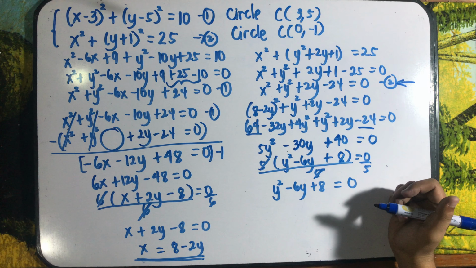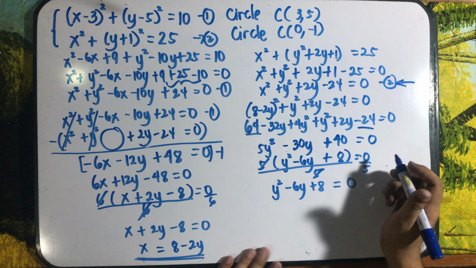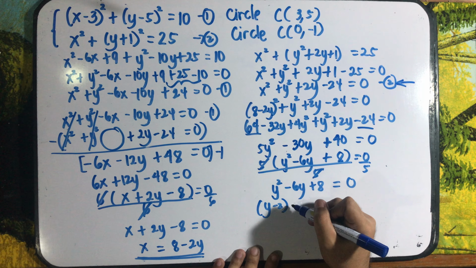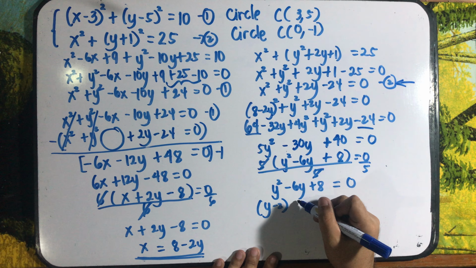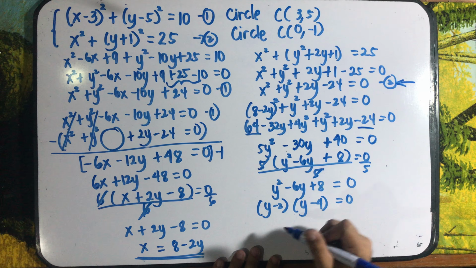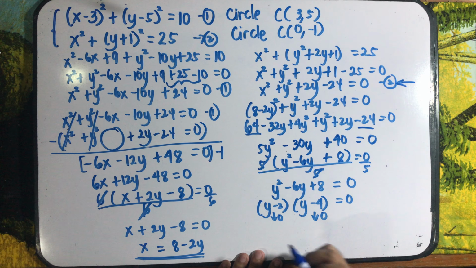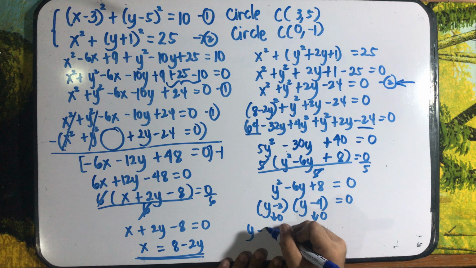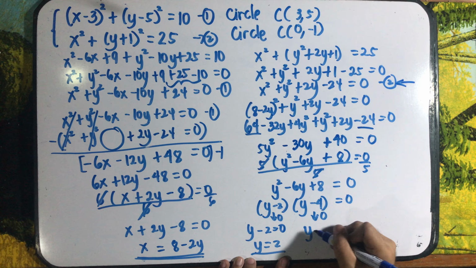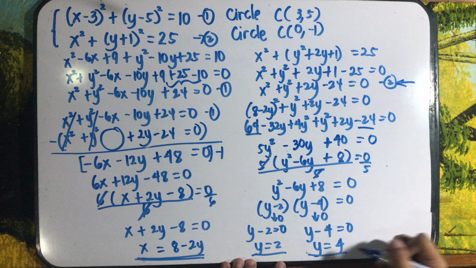And y squared minus 6y plus 8 is equal to 0 is factorable. Therefore, the factors would be y minus 2 and y minus 4 is equal to 0. Equate each to 0, and we'll be having y minus 2 is equal to 0, y is equal to 2. y minus 4 is equal to 0, y is equal to 4.